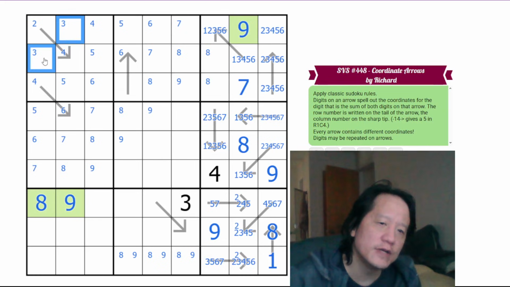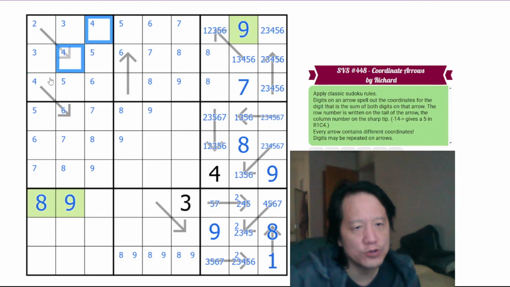To have 3, it has to be 1, 2, which is interesting. To have 4, you could have 2, 2, or 1, 3. To have 5, it's 1, 4, 4, 1, or 2, 3, or 3, 2. There's only one pair that can have the same digit.